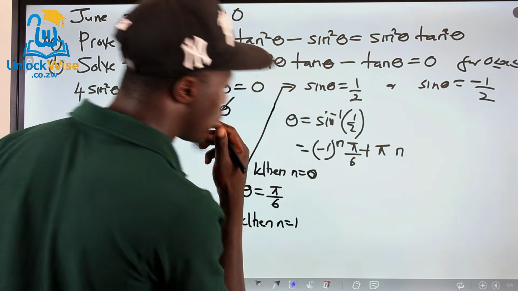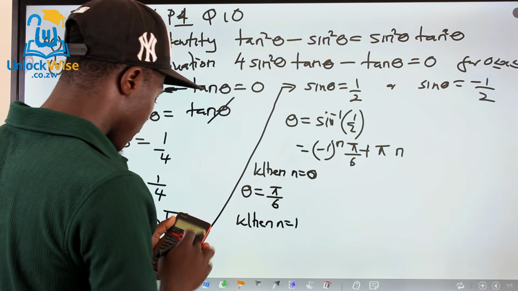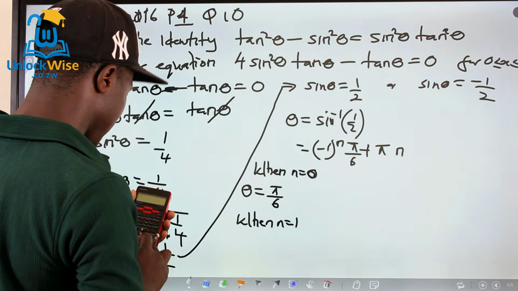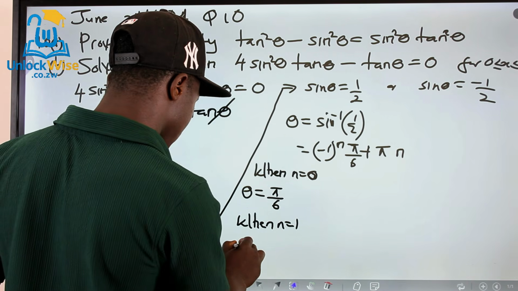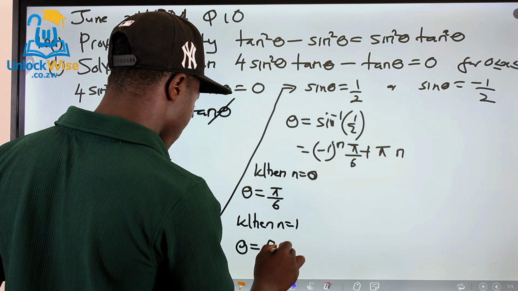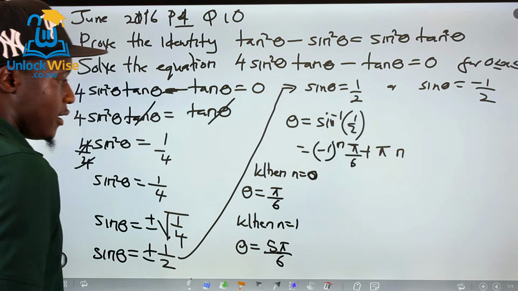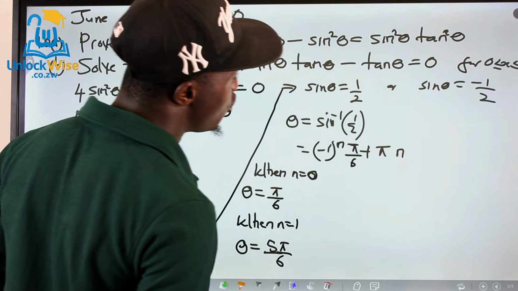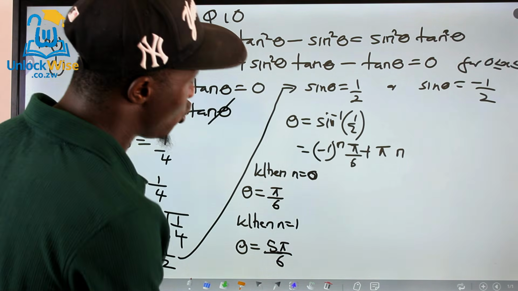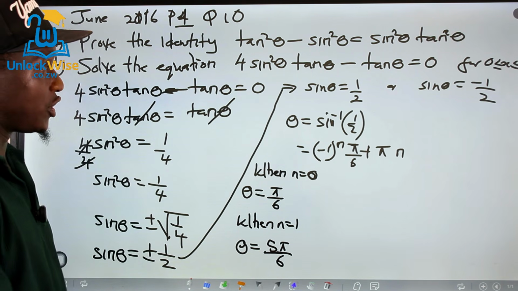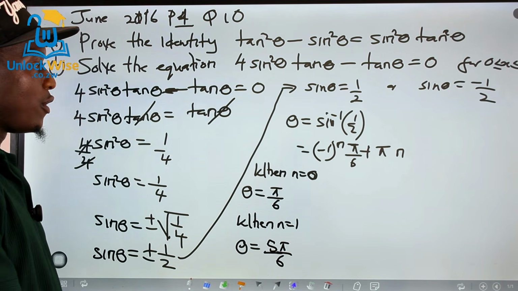So when n is equal to 1, we get pi minus pi upon 6, then theta is equal to 5 pi upon 6. Then what if n is equal to 2? When n is equal to 2, it will be out of range since we are dealing from 0 to 2 pi.